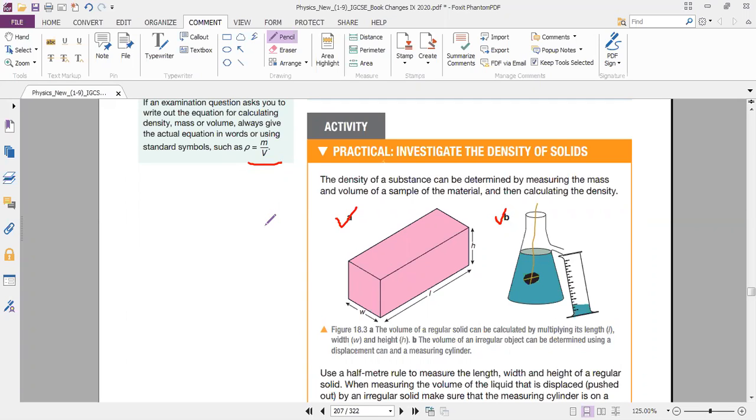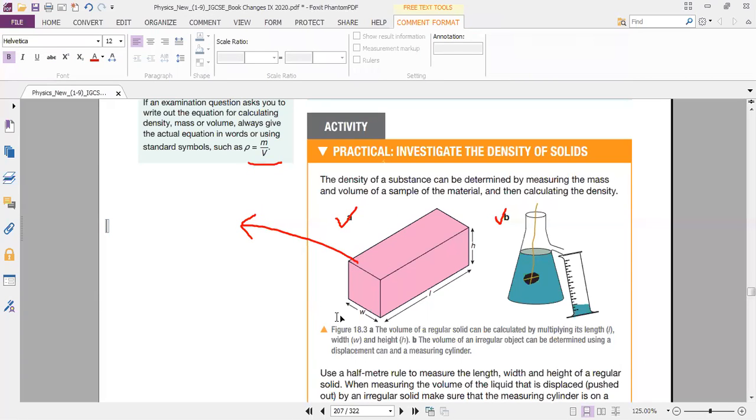The problem is volume, right? This kind of cubic object, we can find out volume by using the formula length multiplied by width multiplied by height. This kind of regularly shaped object, we can find out volume using the formula length multiplied by width multiplied by height.